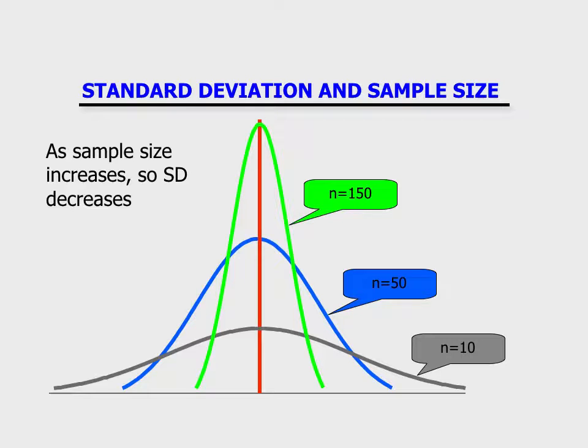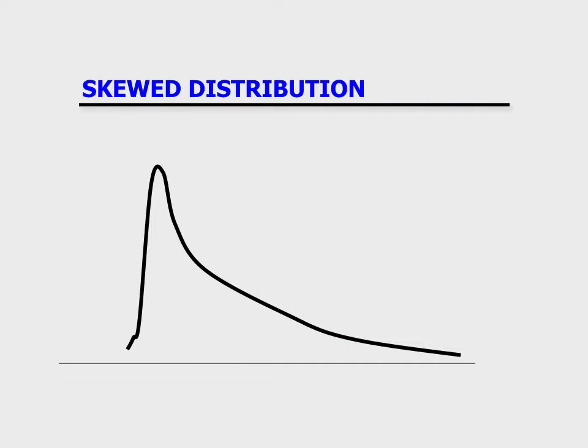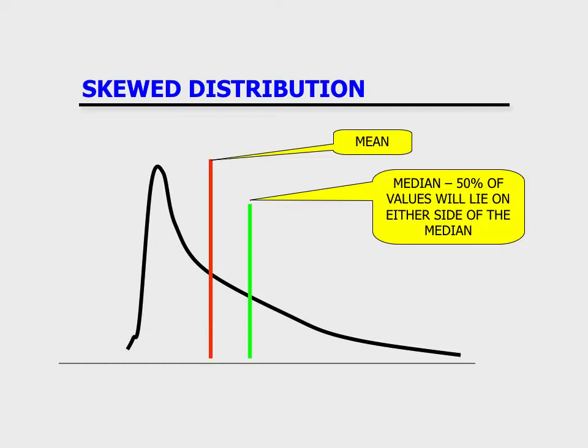Now, I had mentioned before that if the mean is not the same as the median, remember the median is the middle of those values, what you get is what's called a skewed distribution. So in this case, we have the mean where the red line is, but we have the median over here, which is basically 50% of the values that lie on either side of that green line.